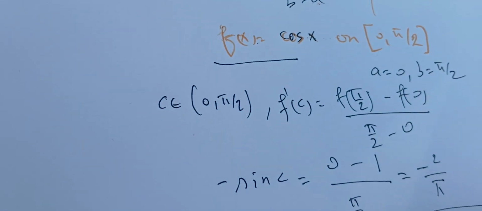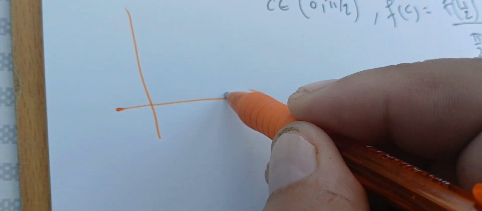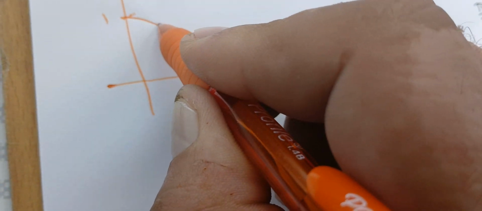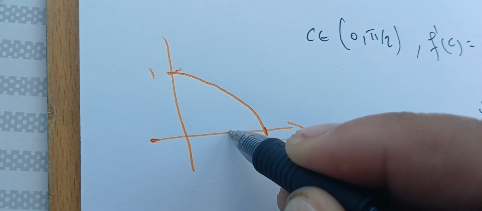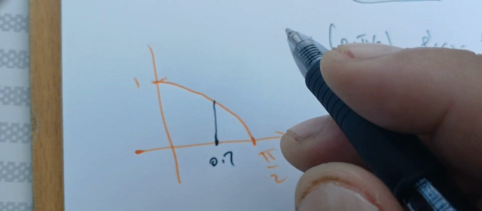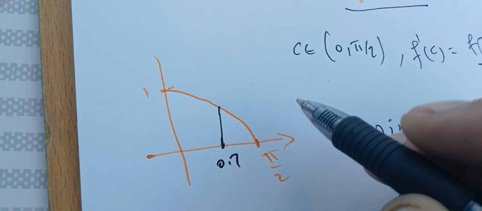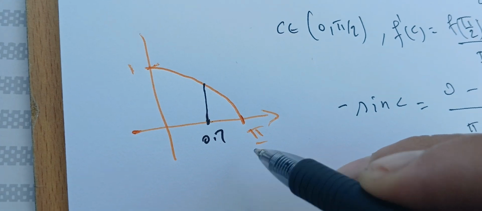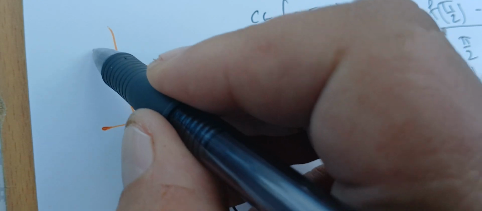Let's do it graphically, that's better. Here this is pi over 2, this is 1, and I'm graphing the cosine of x. My c is 0.7, I think it's here, and its value is the cosine of 0.7. There is a line that goes through (0, 1) and (pi over 2, 0), the secant line.